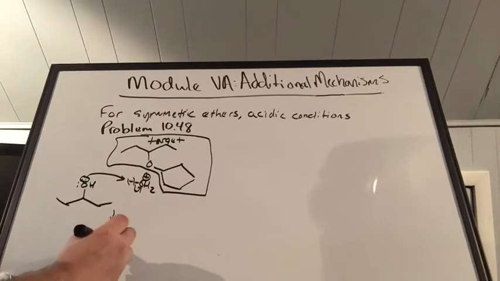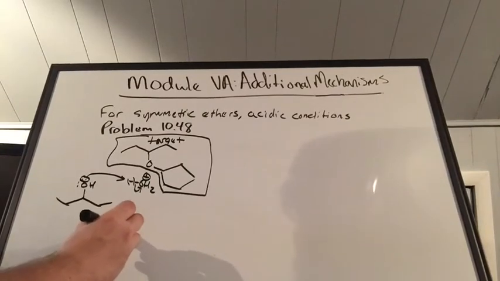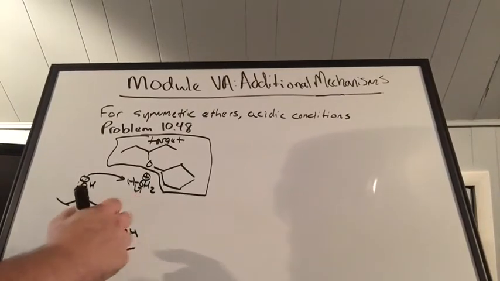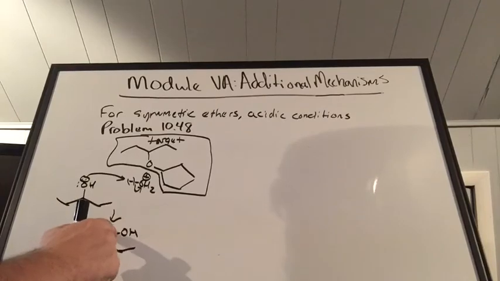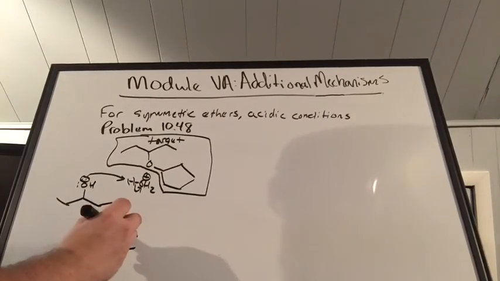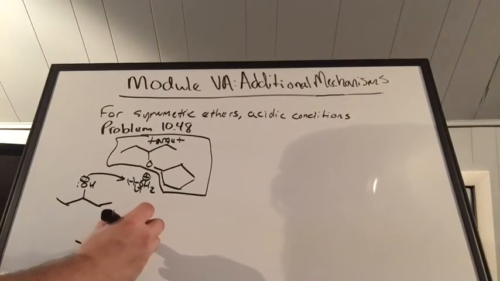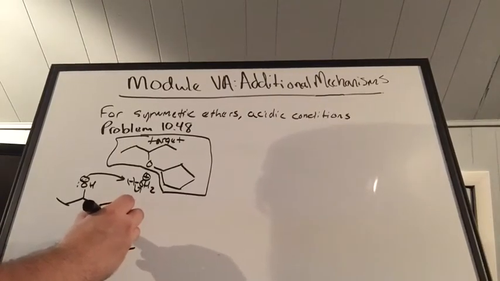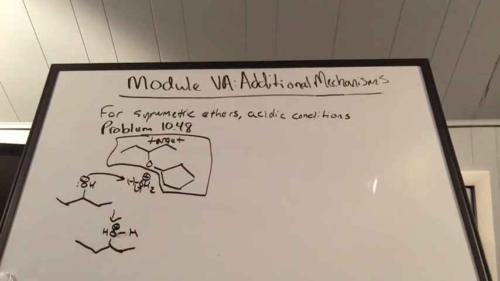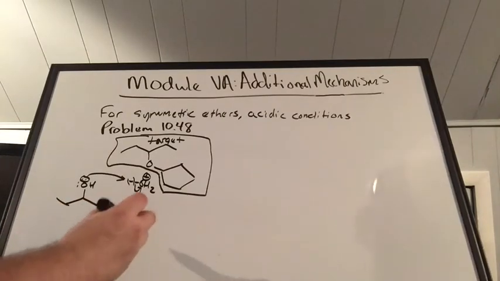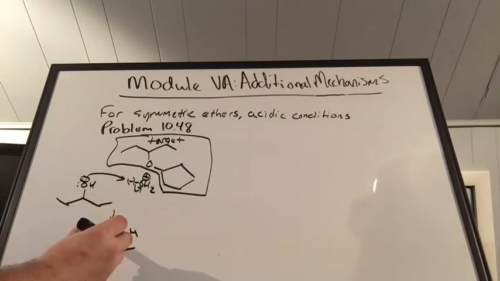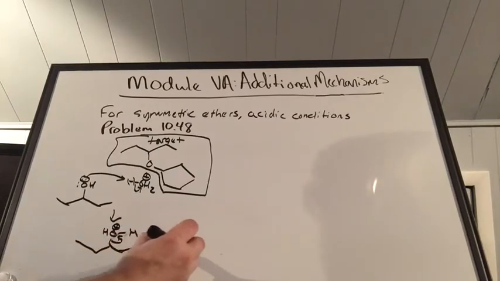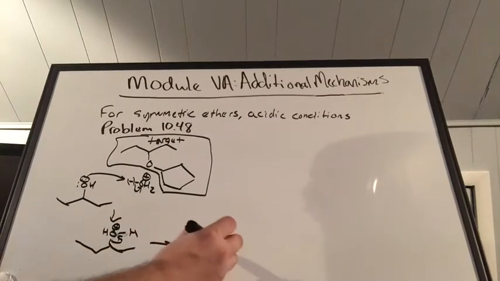Okay, so now we have our protonated alcohol here. Okay, so a proton transfer has happened. Now it can go away and you can have a secondary carbocation.